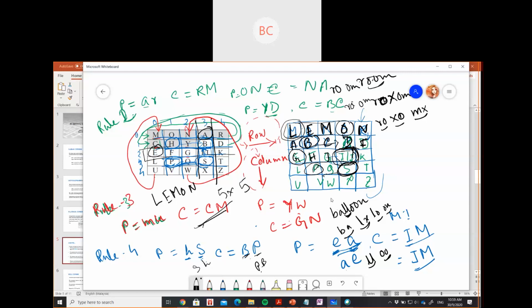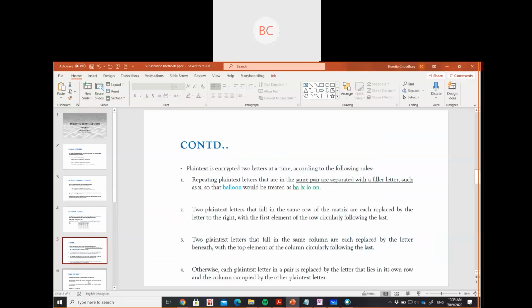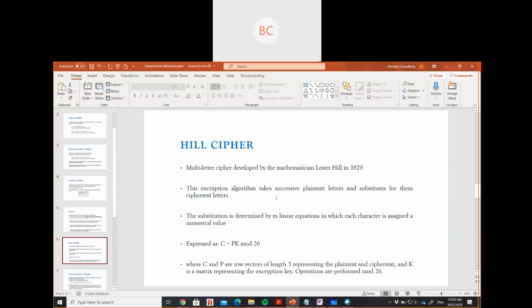So next is your Hill cipher. What is Hill cipher? Hill cipher is given by a mathematician, Lester Hill. So it's a multi-letter cipher. Remember, the monoalphabetic and Caesar are single alphabet.